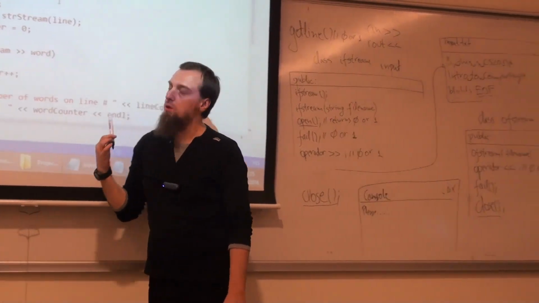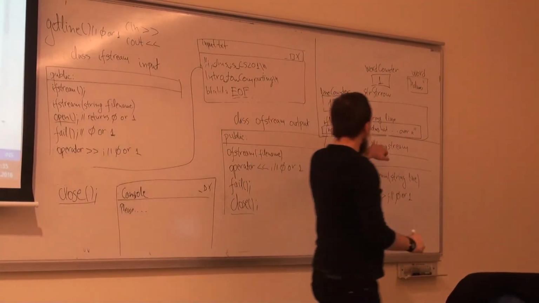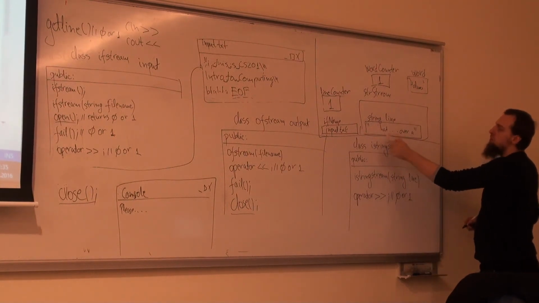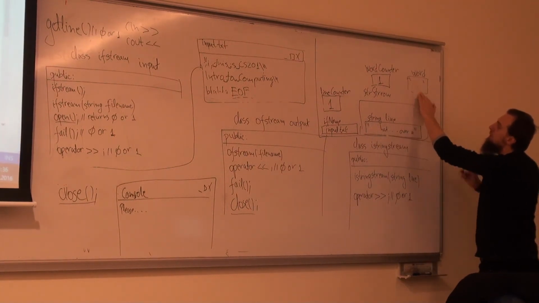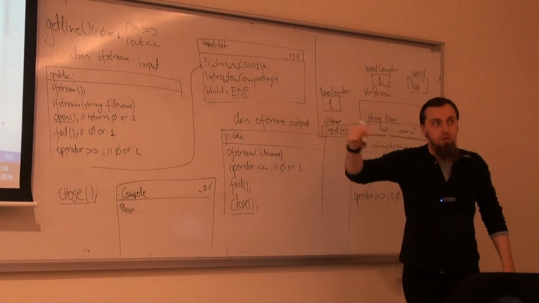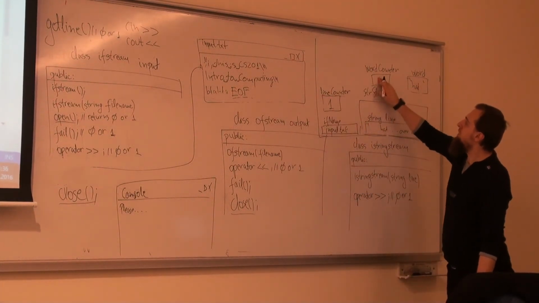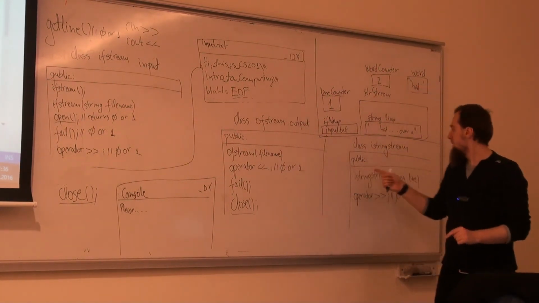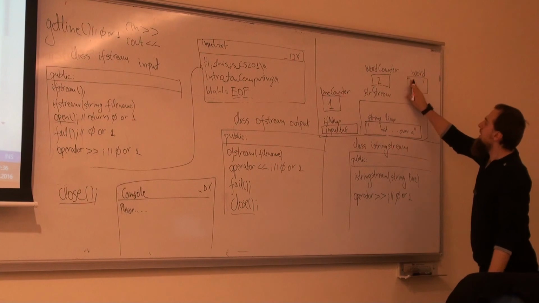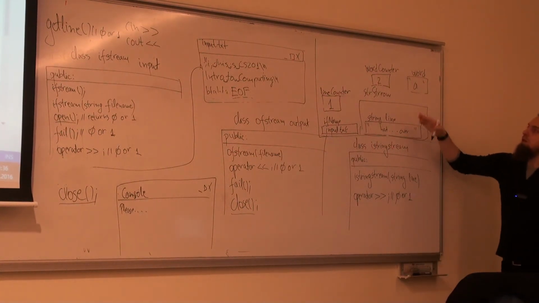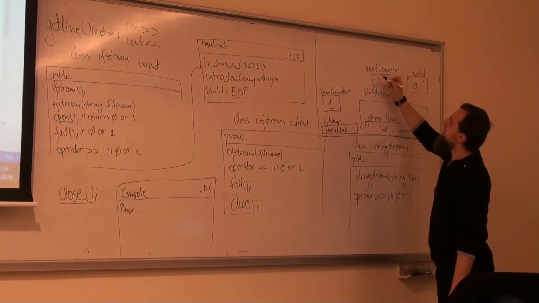We take another word. What's the second word? We are finished with Holmes now. We start with had. Had is put here, and the counter is incremented by 1, so counter is 2. Again, we take all of the words up until we take a. Let's say that up until then the word count was 17.